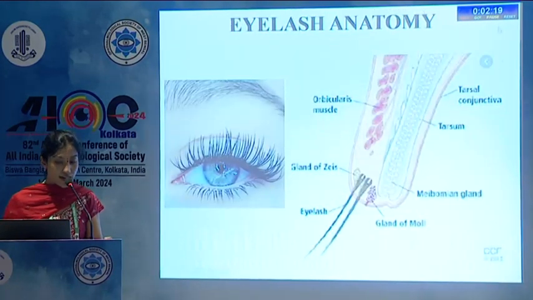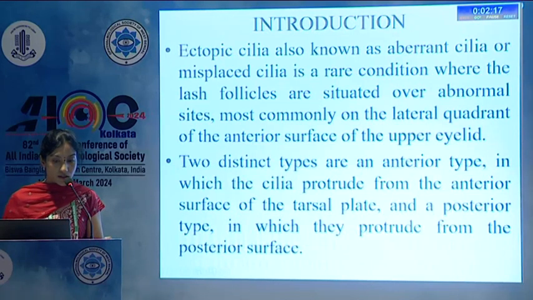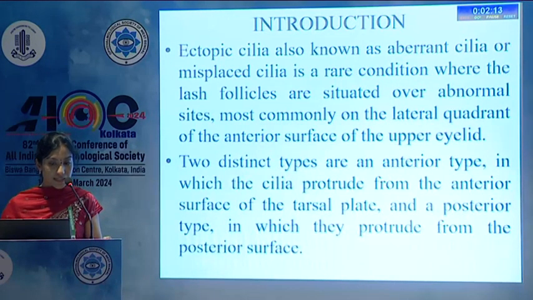So this is a small anatomy of the eyelash. Ectopia cilia, also called aberrant cilia, is a misplaced cilia, which is a rare condition where the eyelashes are found over an abnormal site, most commonly along the lateral quadrant of the anterior surface of the upper eyelid. There are two types, anterior and posterior ectopia cilia.